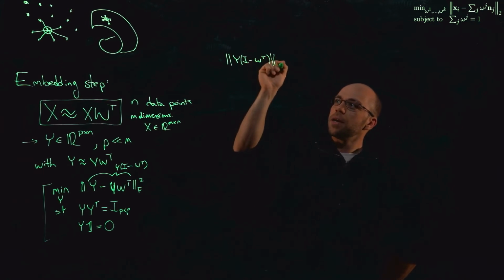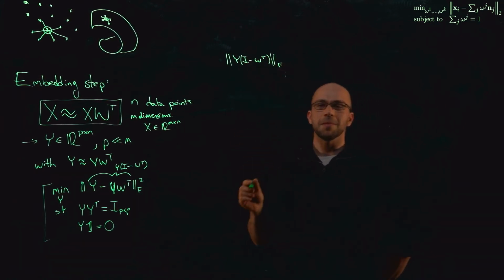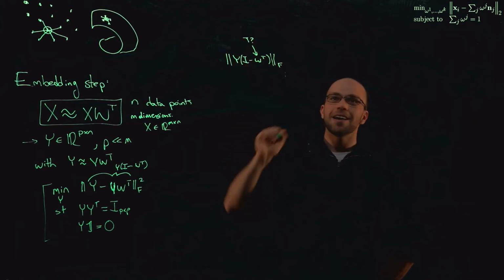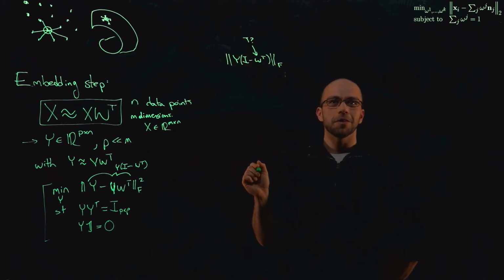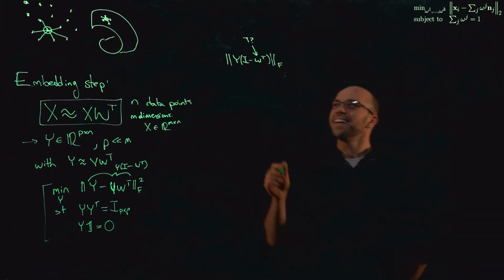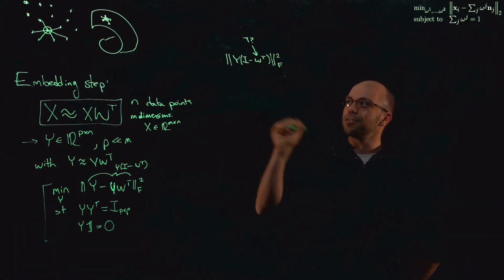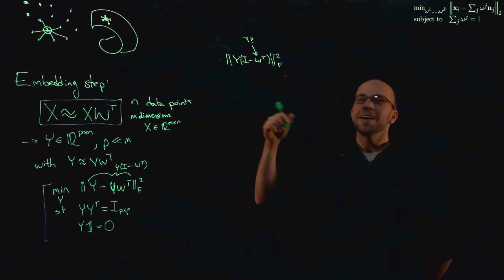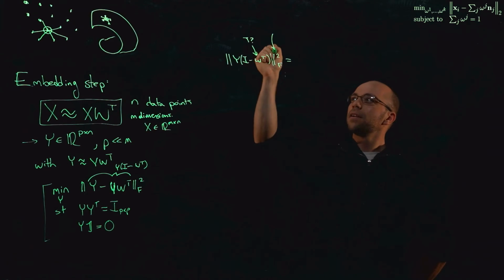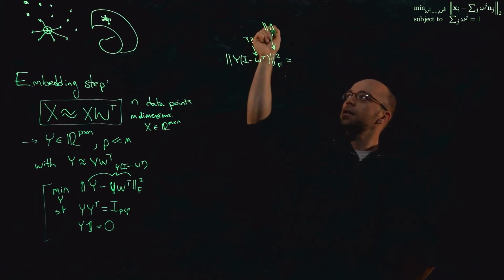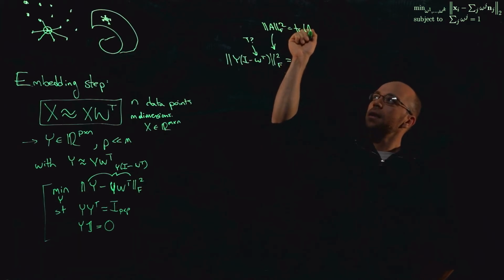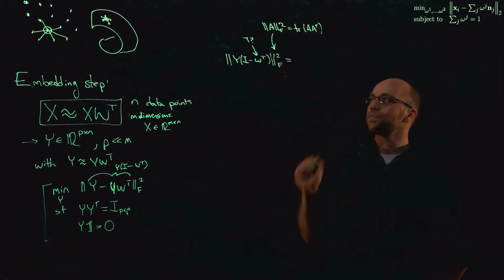As usual, by the way, I'm sensing that I'm already making a mistake. I'm not 100% sure whether this should be transposed or not, but you're all graduate students in computer science, so I think you can go back and check later. But anyway, assuming that there is a transpose here, remember that in general, the Frobenius norm of a matrix squared can be written as the trace of that matrix times its transpose.